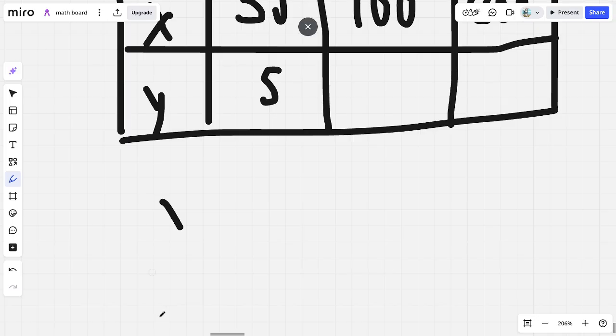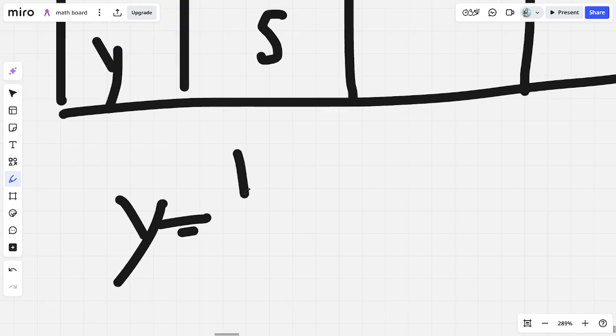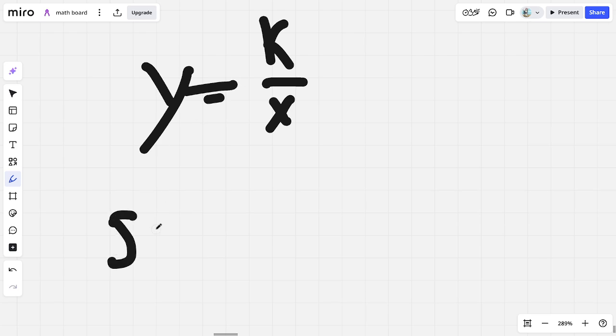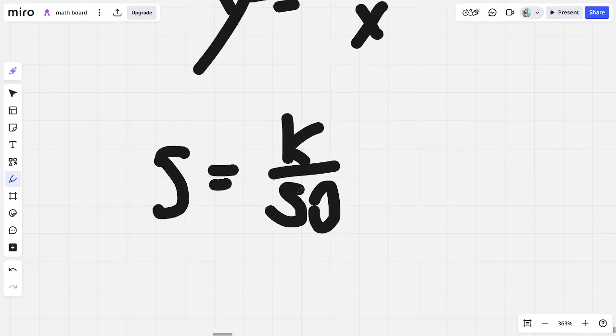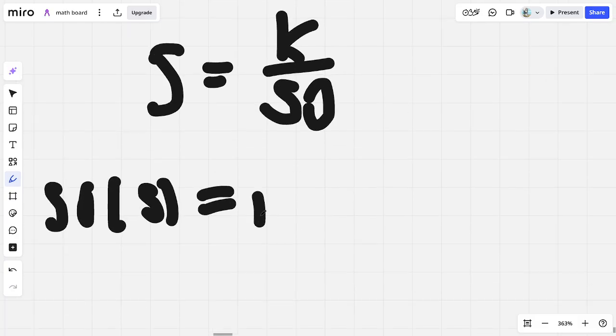Okay. So y is equal to k over x. So we can substitute the values of y and x. So 5 is equal to k over 50. And then just multiply both sides by 50. That's going to get us 50 times 5 is equal to k. So 250 is equal to k.